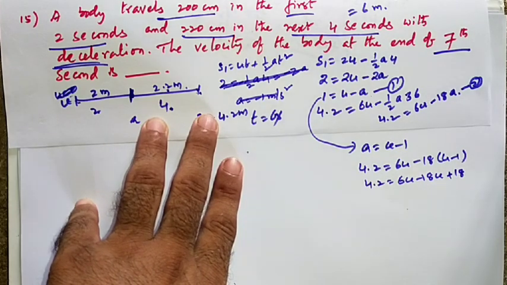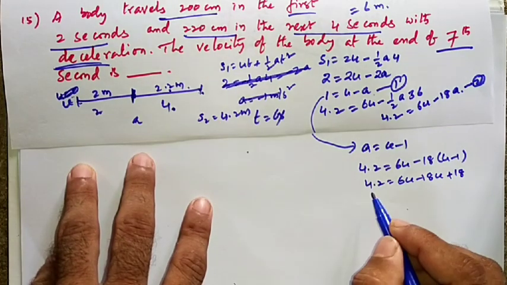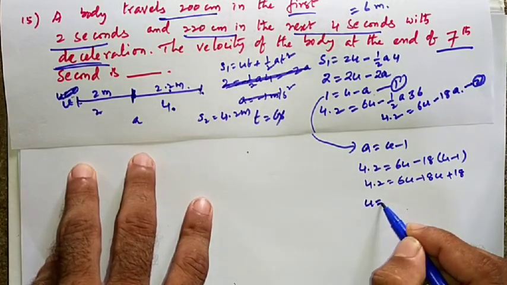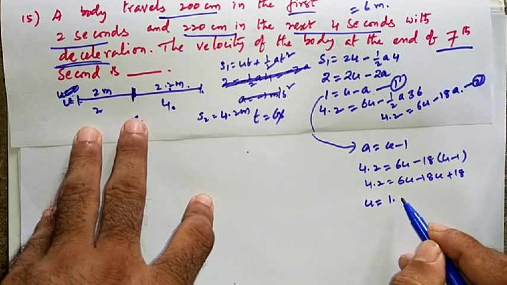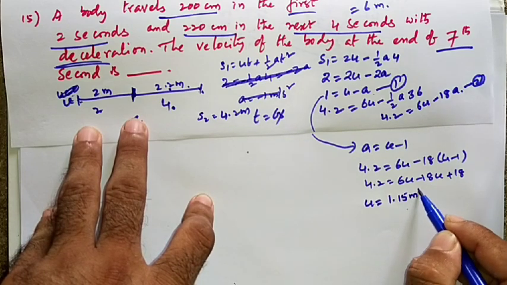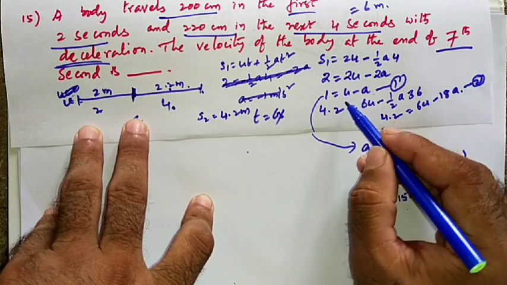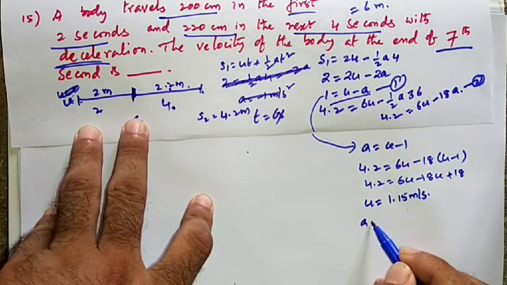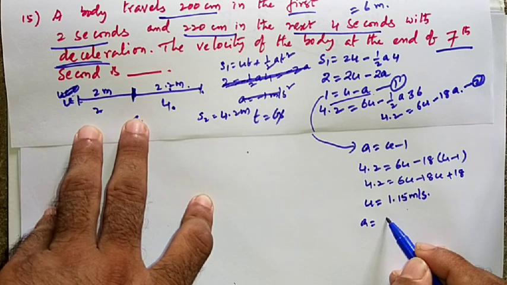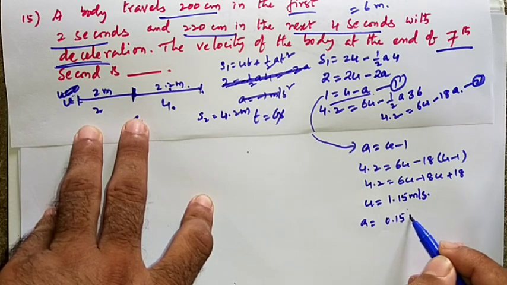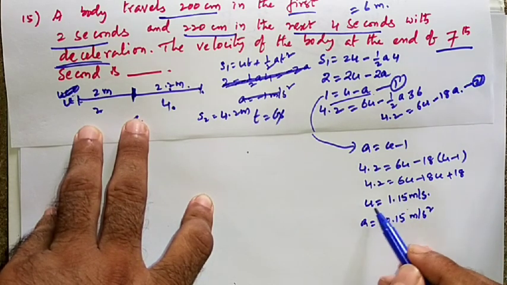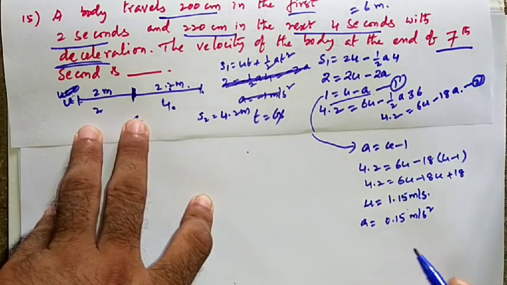If you simplify, the u value you are going to get is 1.15 meters per second. Now you substitute the u value in this equation so that the a value you will get is 0.15 meters per second square. Very simple.